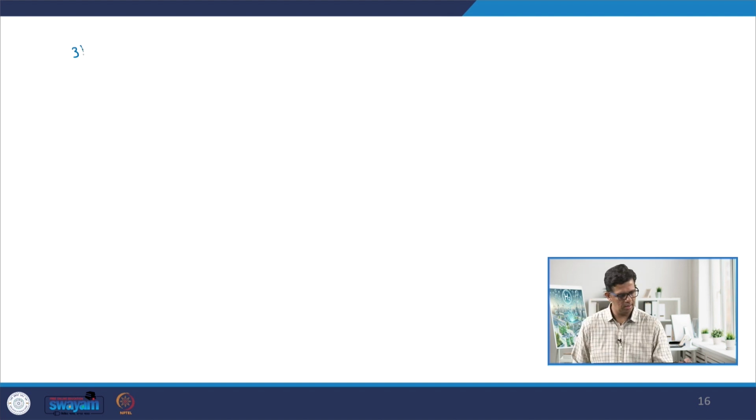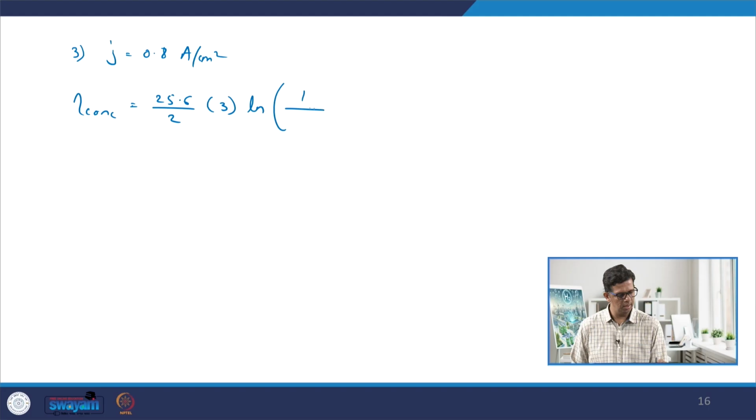And let's find out for the third case, when J is almost reaching the limiting current density, 0.8 amps per centimeter square. So eta concentration is again RT by F, which is 25.6 divided by 2 times 3 ln of 1 divided by 1 minus 0.8. So this comes close to 61.8 millivolt.